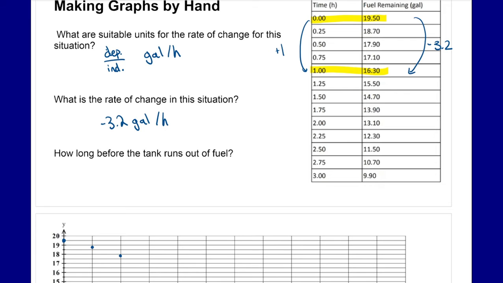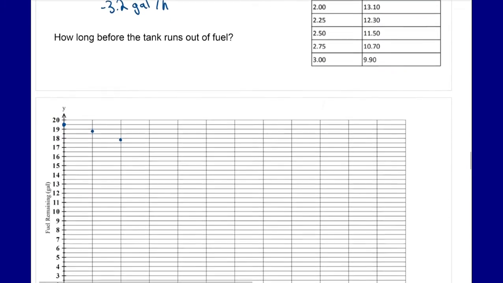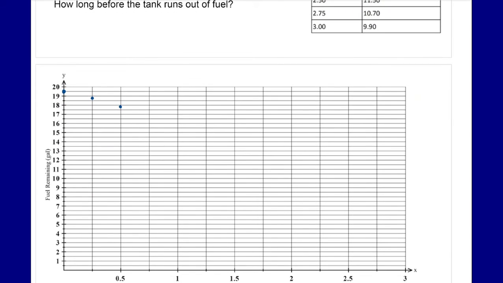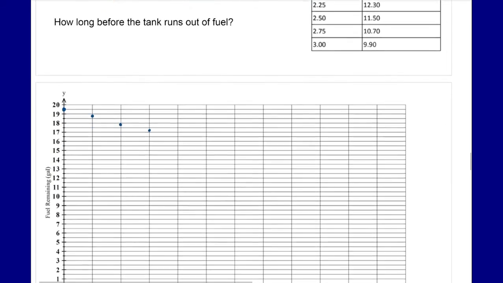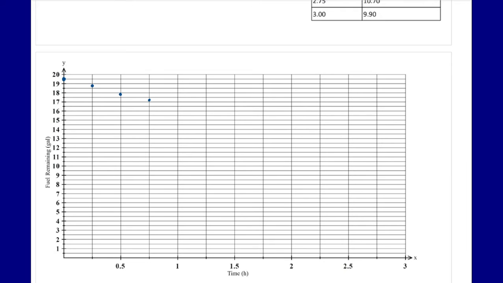And then we can go to 17.1. And so on. 16.3 is the next one. We could do that, and then we can continue.